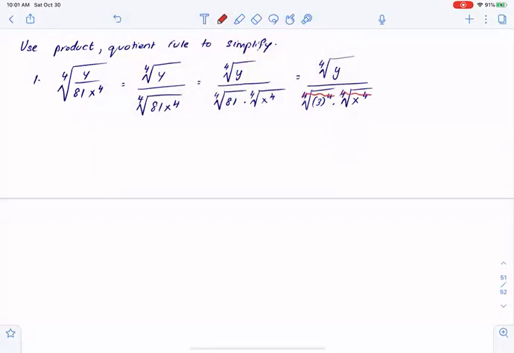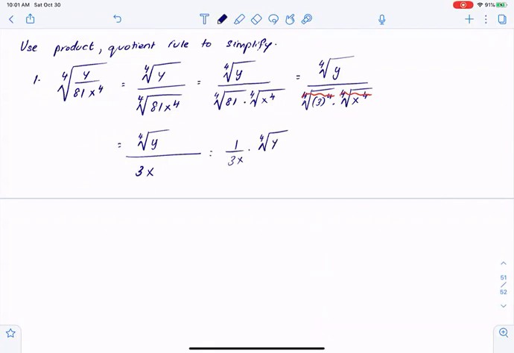So those two would get cancelled, and I'd simply have the fourth root of y divided by 3 times x. So I can write this as 1 over 3x multiplied by the fourth root of y.